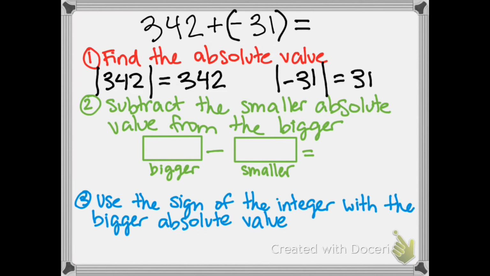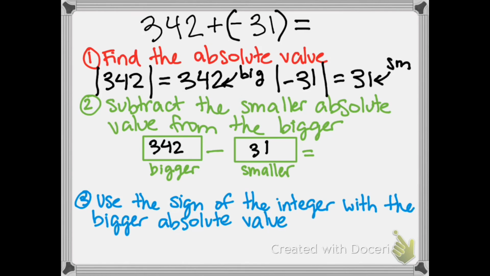Which one of these is bigger and which one of these is smaller? The bigger one is this one, 342. And the smaller one is 31. So I'm going to put them in the boxes where they belong. 342 is the bigger absolute value, and 31 is the smaller absolute value.